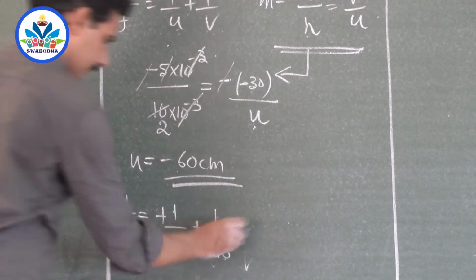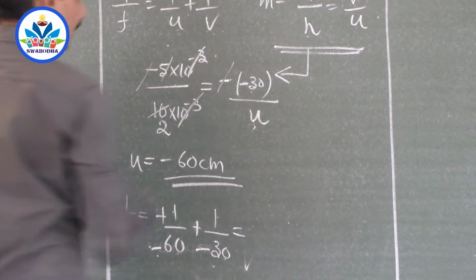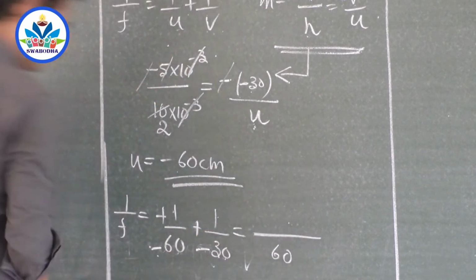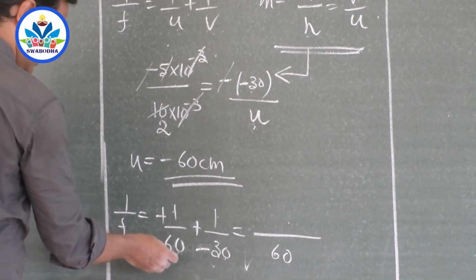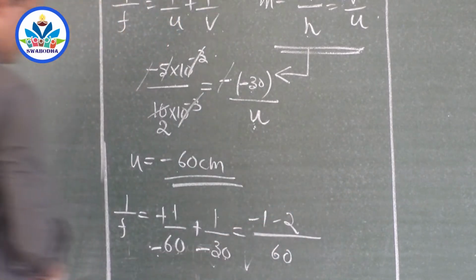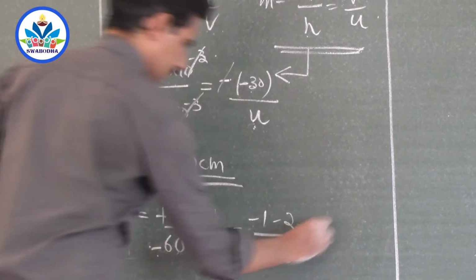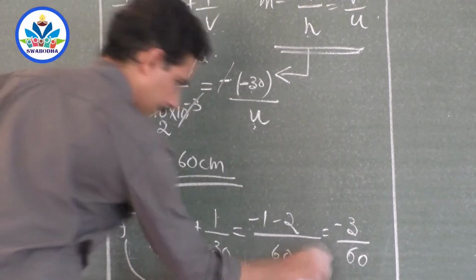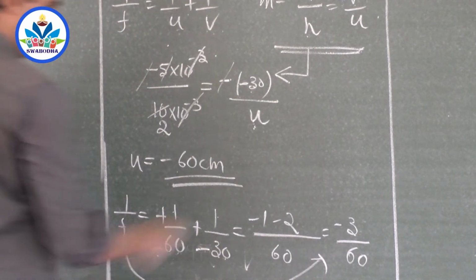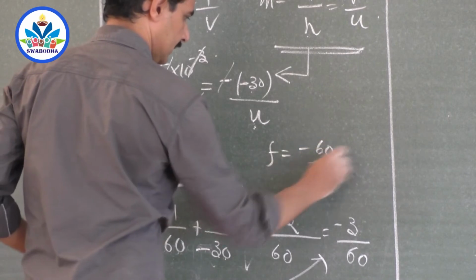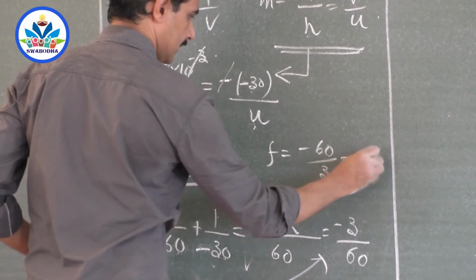So what is the answer? Focal length should be negative and it should be less than 30. So I will take 60 common. If I take 60 common, 1 is minus 1, 2 is minus 2. So this is minus 3 by 60. This is 1 by f, remember. So f is equal to minus 60 by 3, that is equal to minus 20 centimeters.